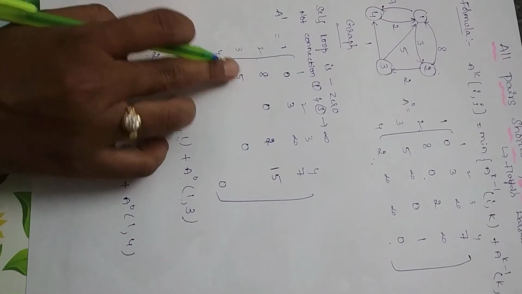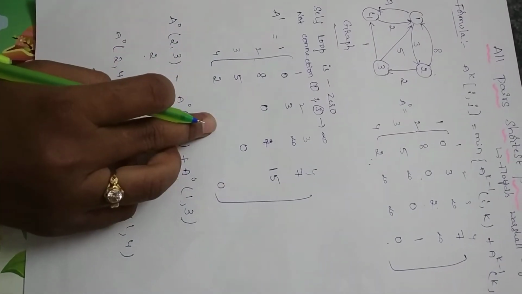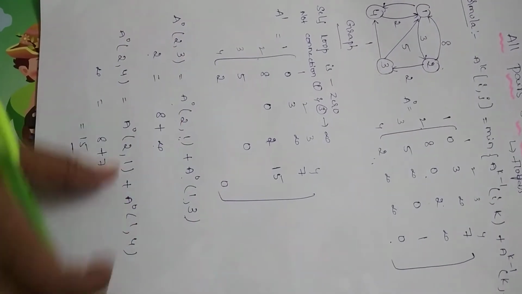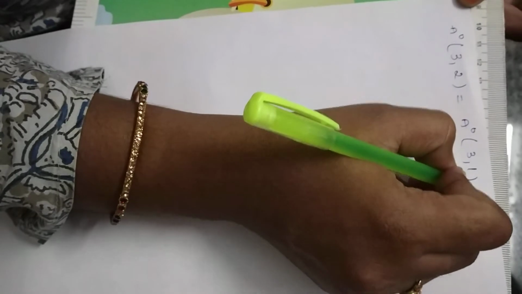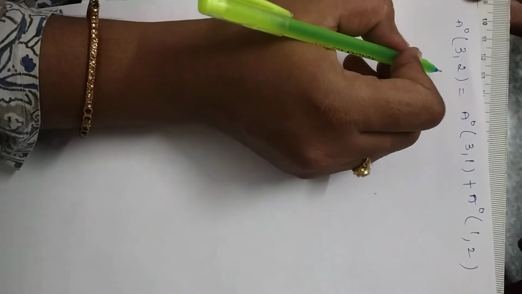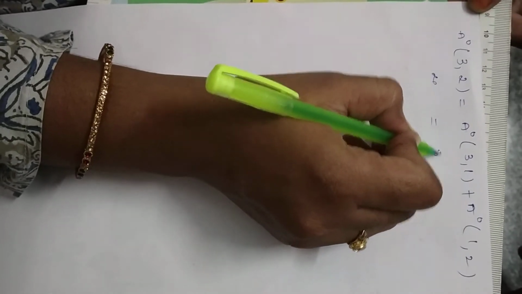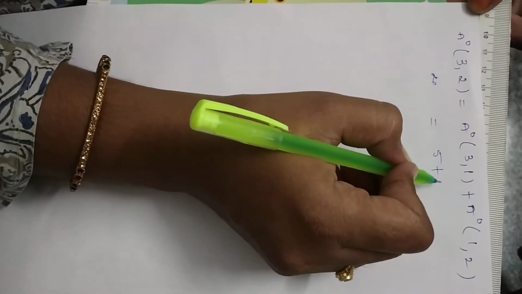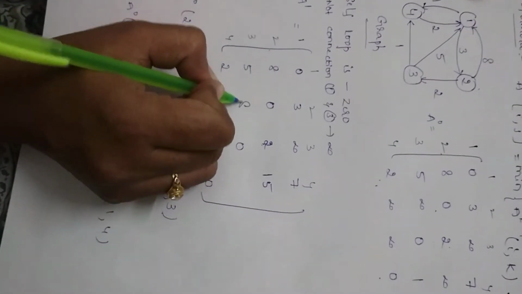Next find 3 comma 2, then 3 comma 4, 4 comma 2, and 4 comma 3. A^0(3,2) equals A^0(3,1) plus A^0(1,2). The value of 3 comma 2 is infinity. 3 comma 1 is 5, and 1 comma 2 is 3, so the value is 8.